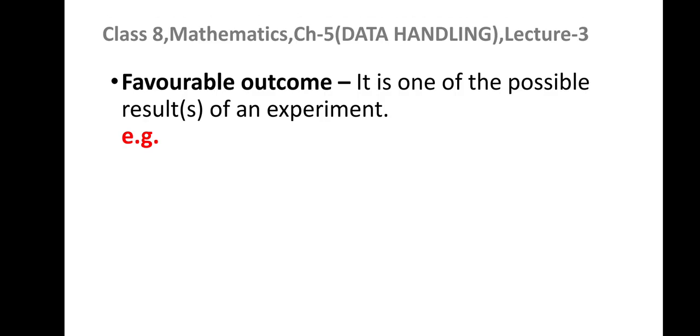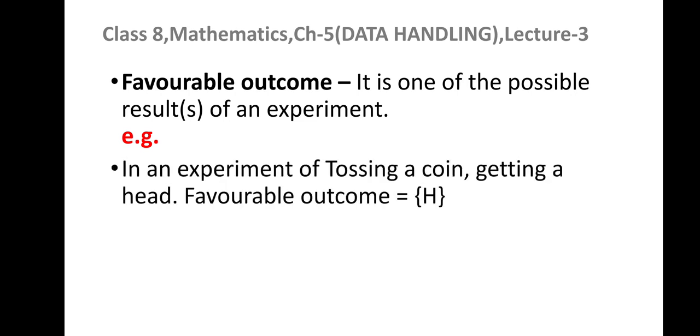For example, in tossing 2 coins, what will be the favorable event of getting heads? So that is my favorable outcome, which means the outcome which I am interested to find out, that is favorable to me. I just want to know the outcomes in which head will be there. For example, in an experiment of tossing a coin, getting a head.